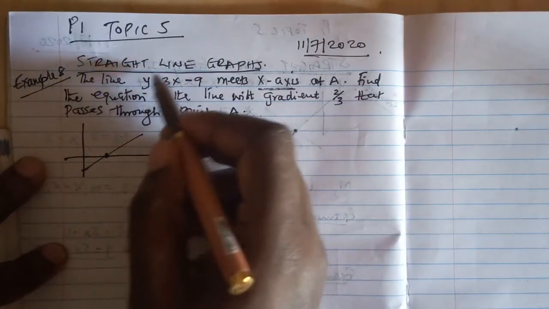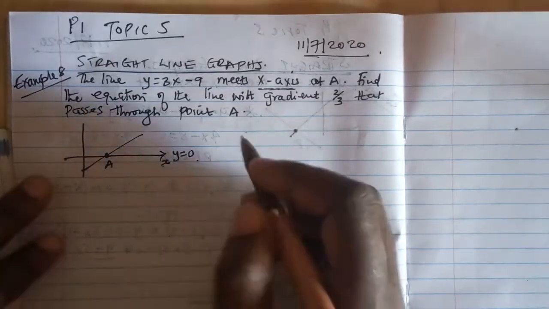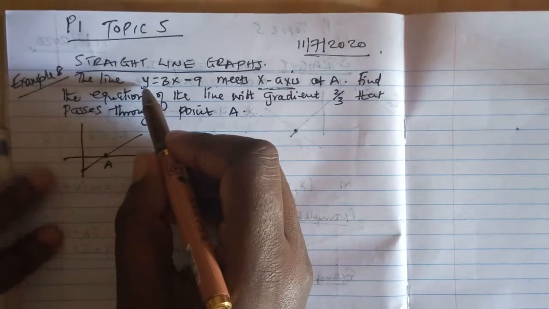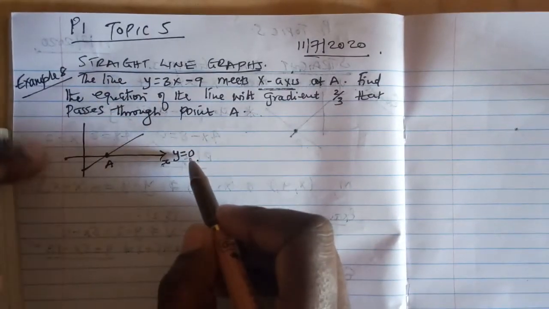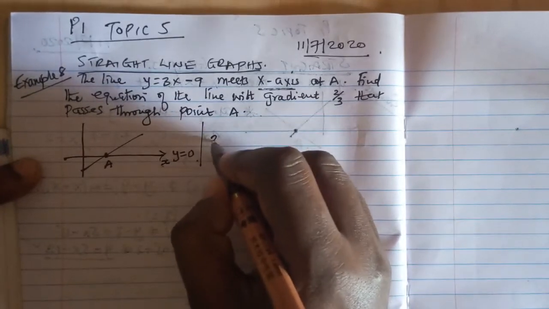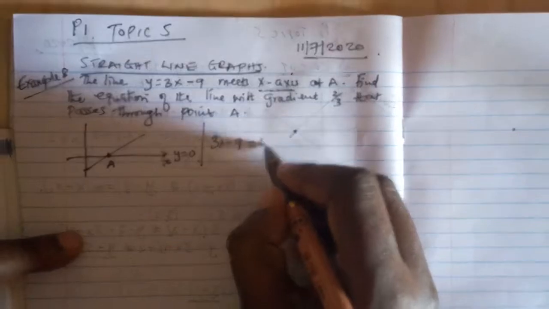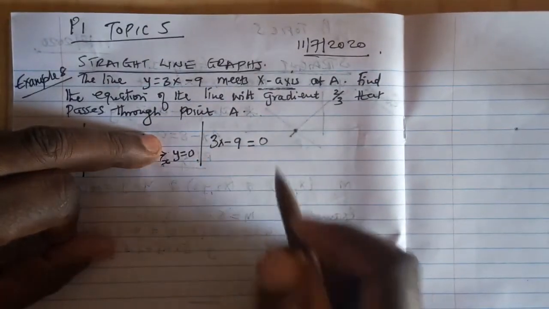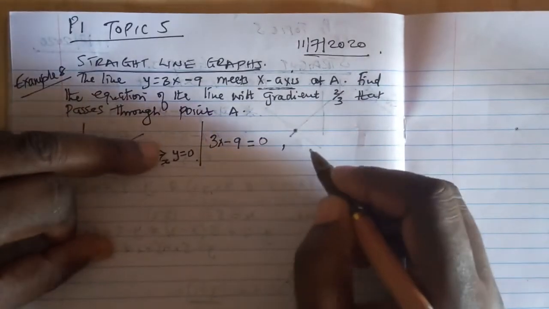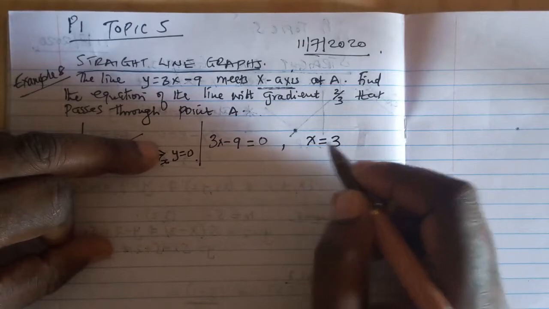So first of all we get the coordinates of point A by equating the whole of this right-hand side to y, which is obviously going to be 0. So we have 3x minus 9 equals 0, and at that point we realize that x is going to be equal to 3.